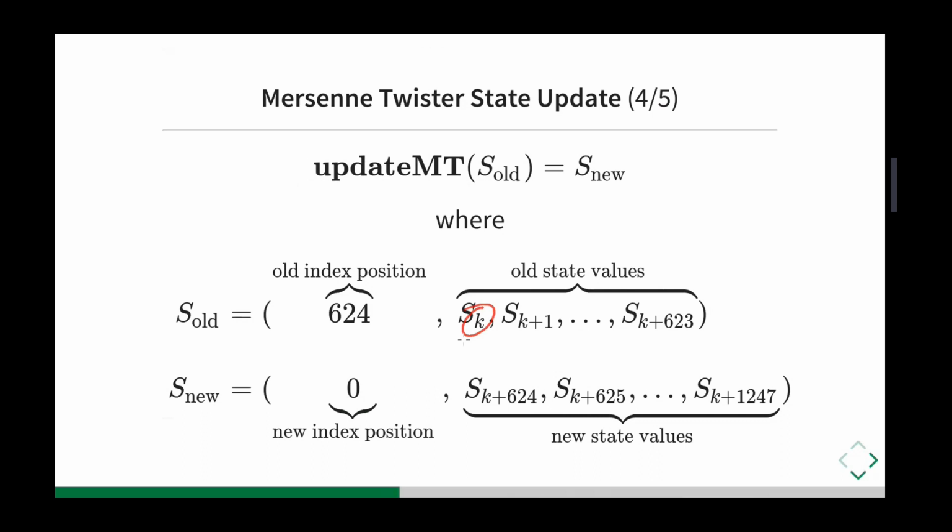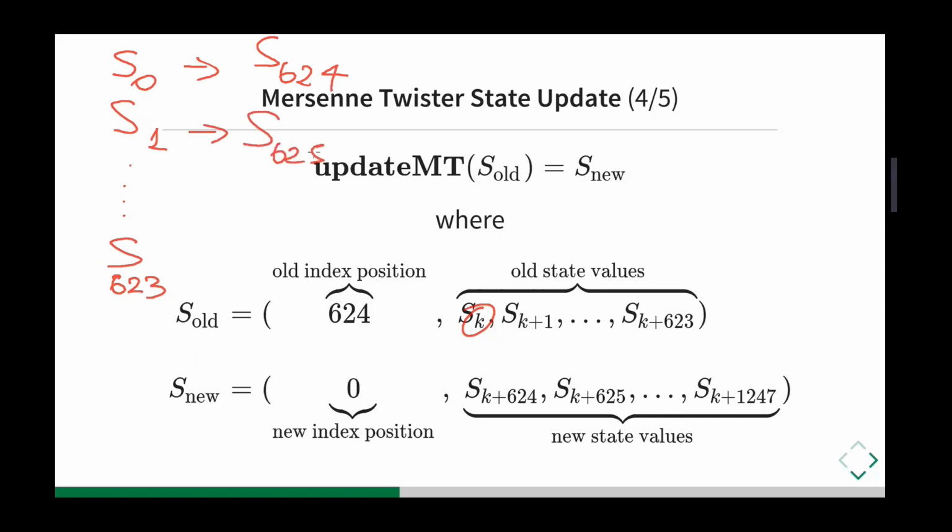Each time I update, I go from S0 to the next. Since the first state is made up of S0, S1, up to S623, the next available is going to be S624. The next for S1 is going to be S625. So they are different integers, and I go through each of them.